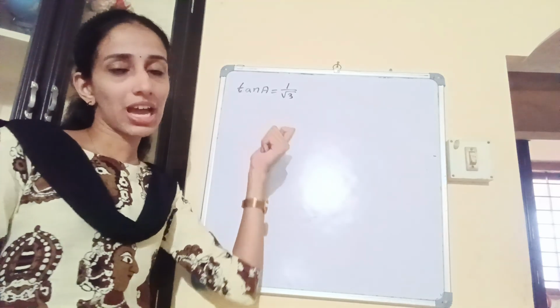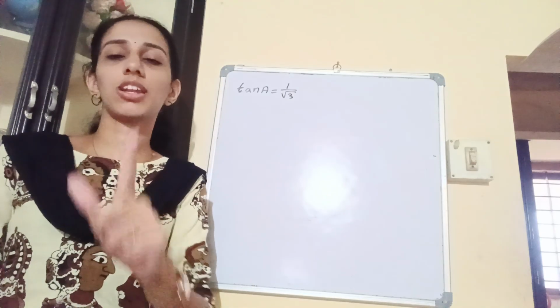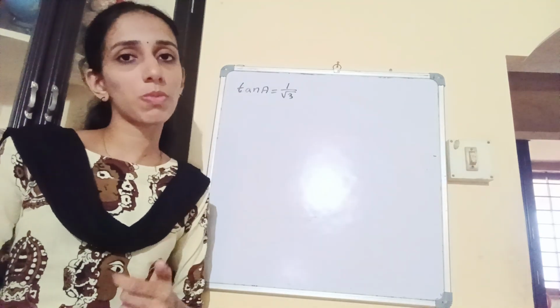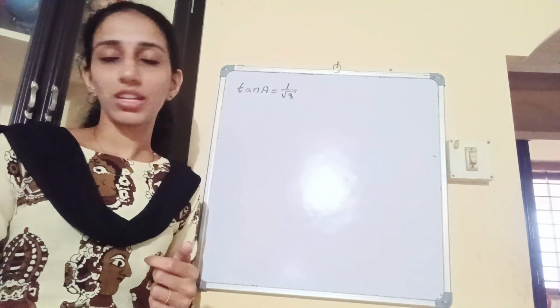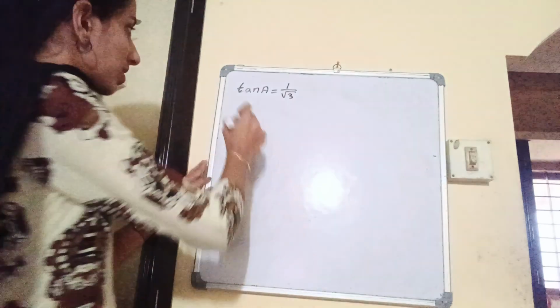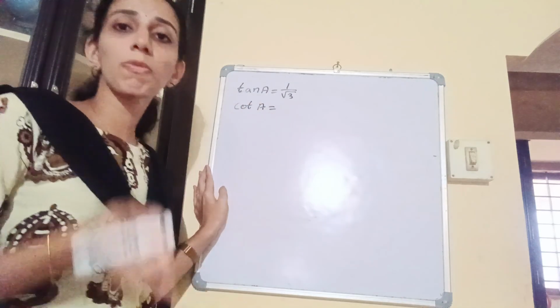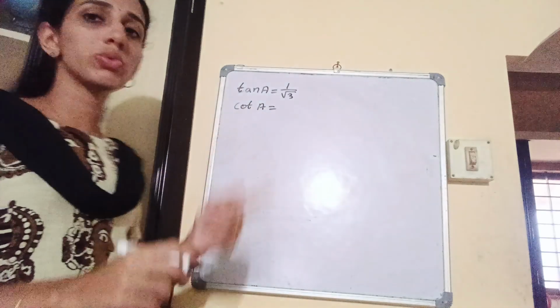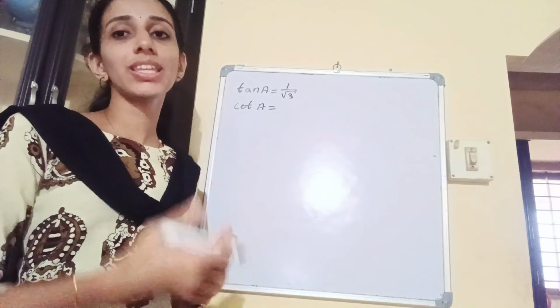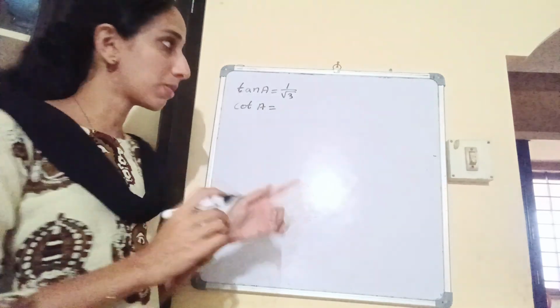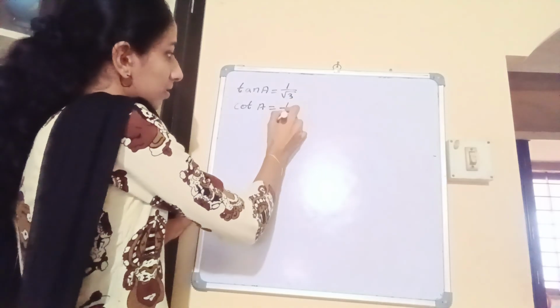If you know tan A, you can directly find the next ratio, the reciprocal of tan A. What is the reciprocal of tan A? Yes, that is cot A. So cot A is equal to the reciprocal of tan A. Tan A is 1 by root 3. So what will be the next? The reciprocal of 1 by root 3 is root 3.